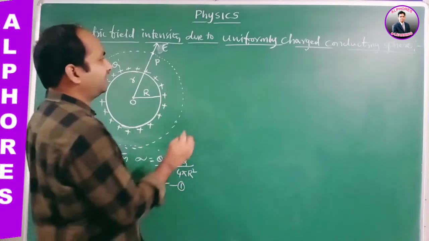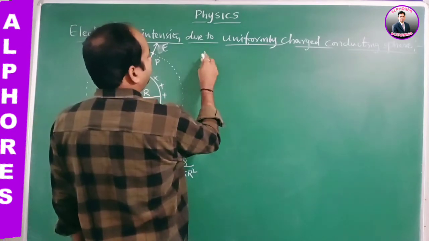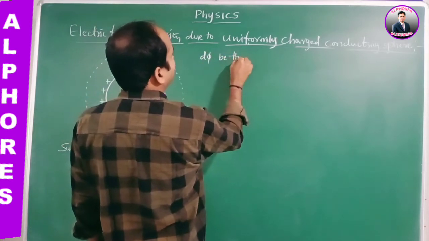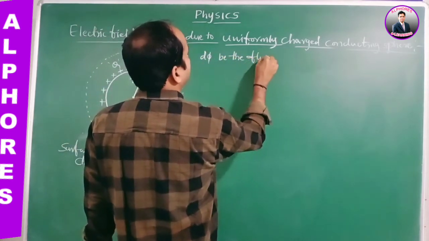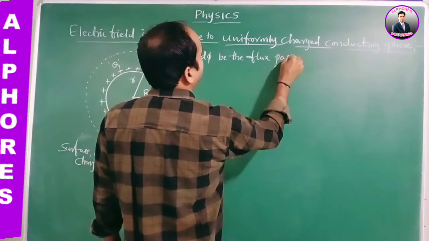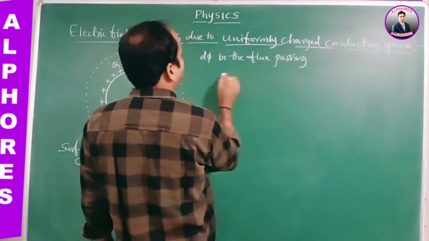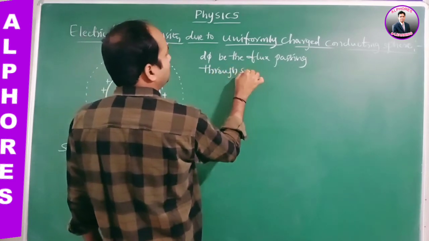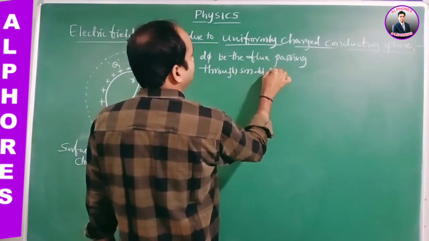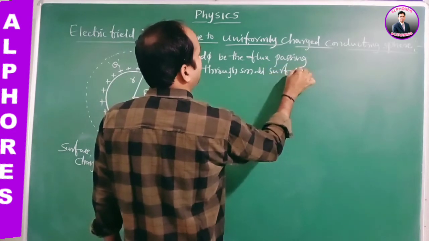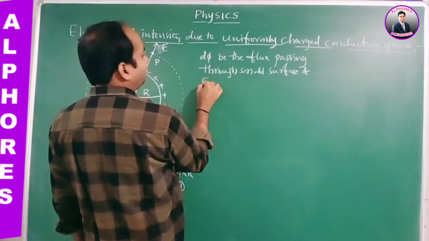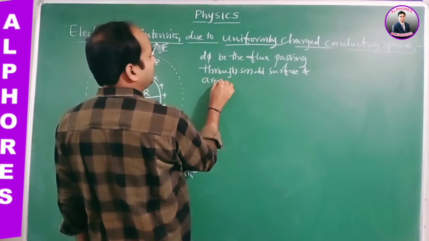Let d phi be the flux passing through a small surface of area dA.